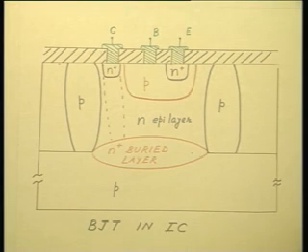Okay. It is N plus, therefore, I need either phosphorus or arsenic or antimony in order to realize this N plus buried layer. Now, the question is which one of these dopant materials will be particularly suitable for this N plus buried layer formation.